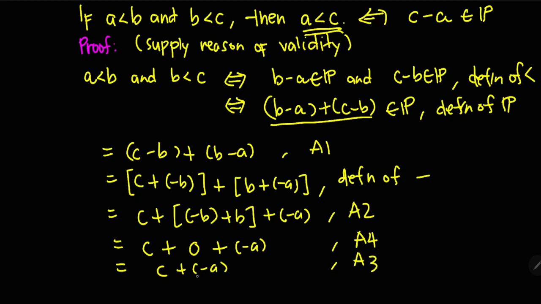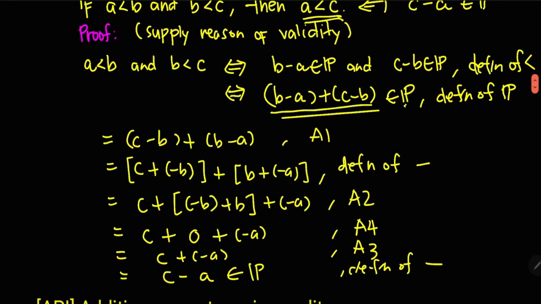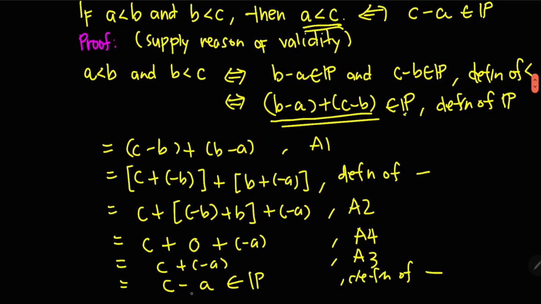But by definition, again, C plus negative A, definition of subtraction, is C minus A. So what we're able to show is that this expression here is positive, but this expression is the same as C minus A. So C minus A is positive. If C minus A is positive, then the only conclusion is that A is less than C. We are done.